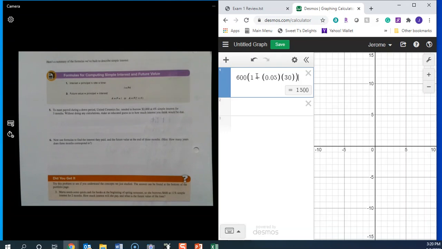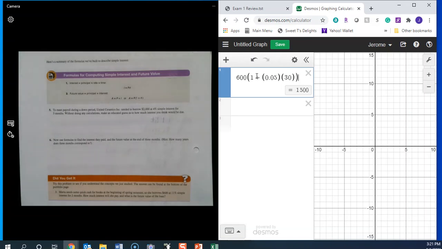So number 5, it says here, to meet payroll during a down period, United Ceramics Incorporated needed to borrow $2,000 at 4% simple interest for 3 months. Without doing any calculations, make an educated guess as to how much interest you think would be due.